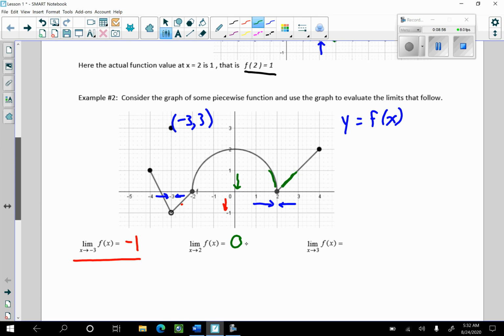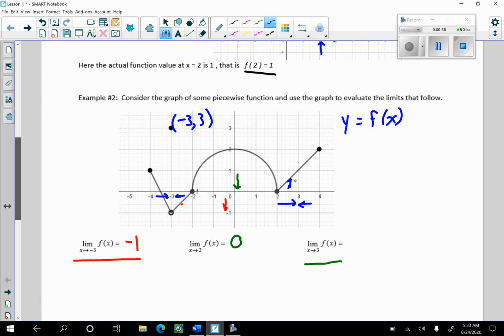Last limit here, the limit as x goes to 3 of f of x. Let's erase this stuff here temporarily, and let's figure out what this limit is. As x goes to 3, from the right and from the left, and we'll talk about right-hand and left-hand limits in a minute, what do the function values get close to? If I'm right here, the function value is there, and the function values get ever so close.